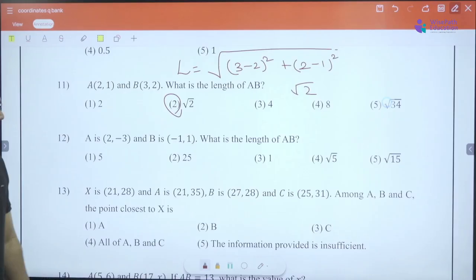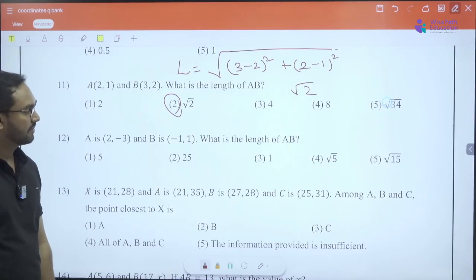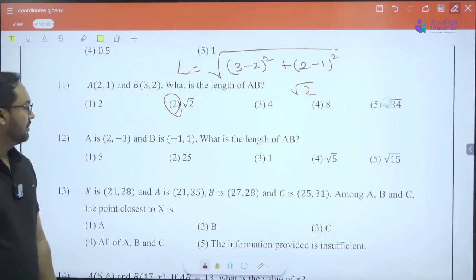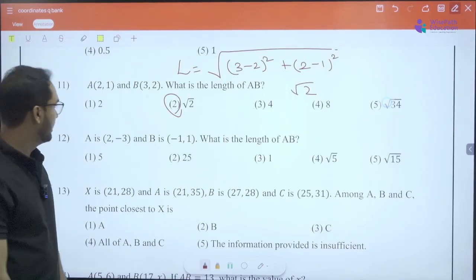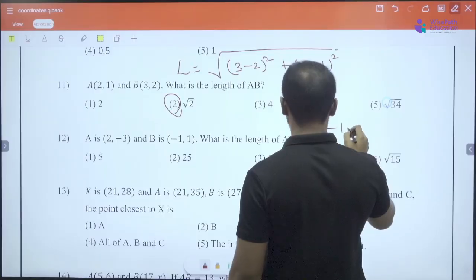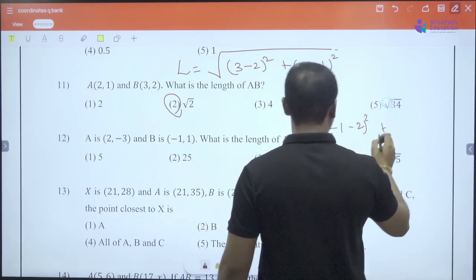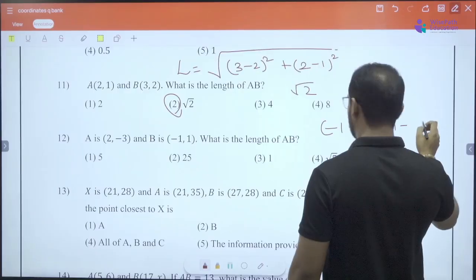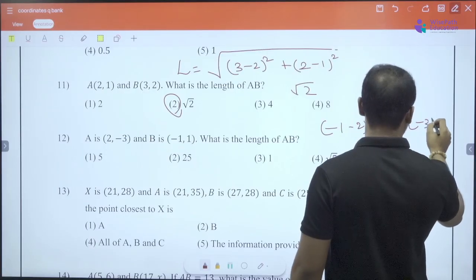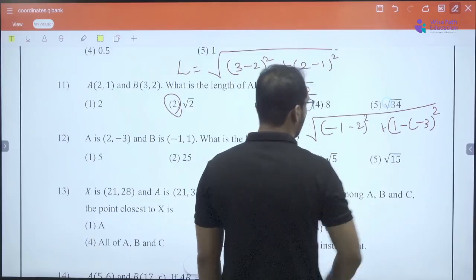12th question: A is (2, minus 3) and B is (minus 1, 1). What is the length of AB? That's again the same thing. So it's minus 1 minus 2 squared plus 1 minus minus 3 squared, and the complete square root of it.